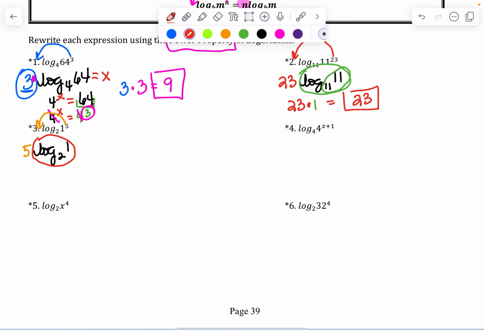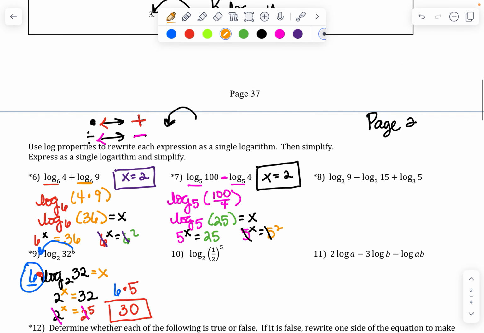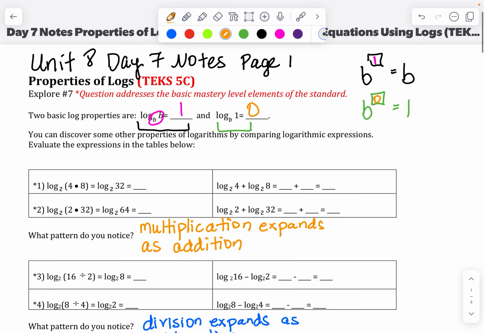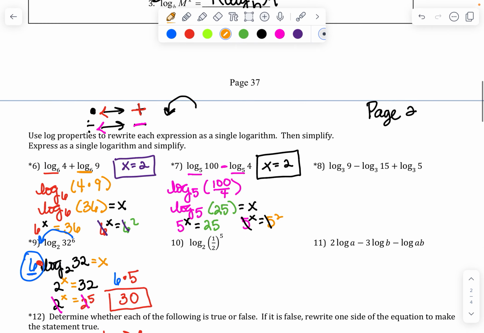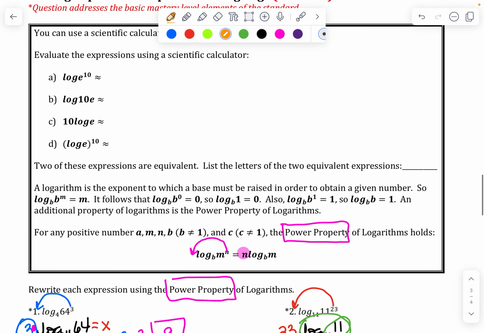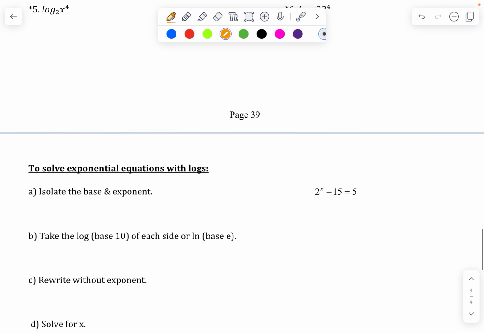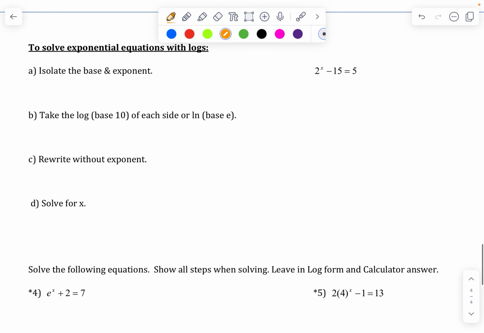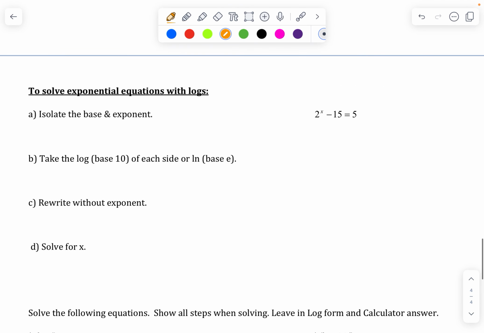Now you're going to take the log base 10 of each side, or ln. So in other words, you're going to write the word log, or ln, depending on which one, by each side. So I'm going to have log 2 to the x equals log 20.